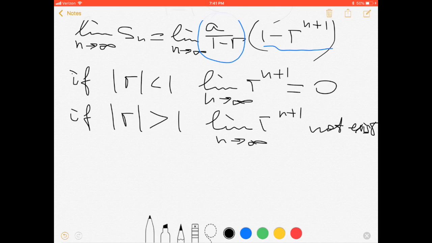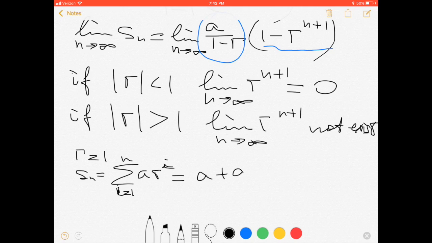Okay, and this means we need only check what happens if r equals 1. Then S_n will be a plus a plus a and continue, which means n times a.